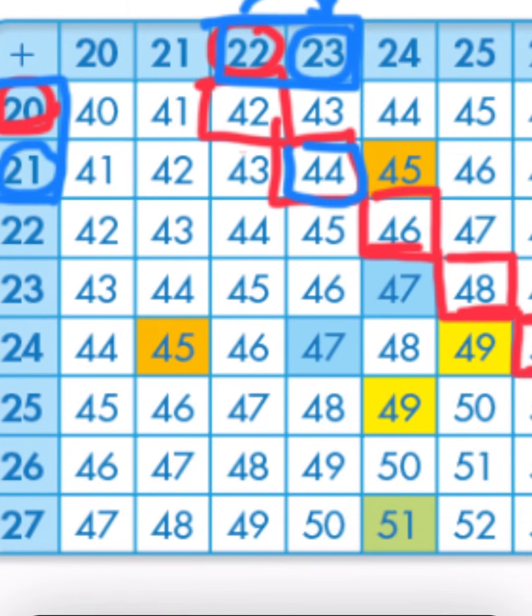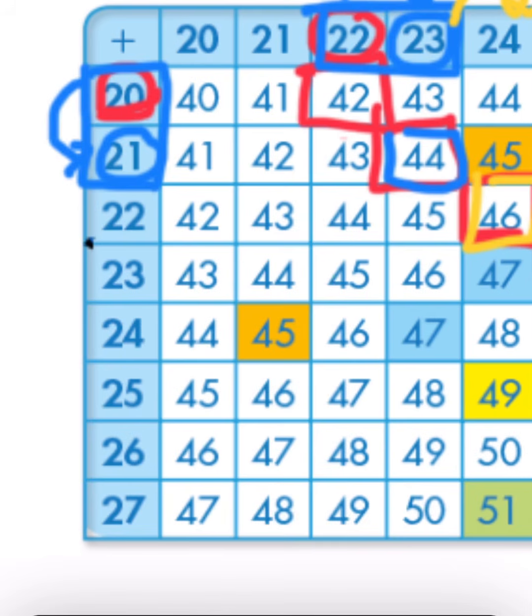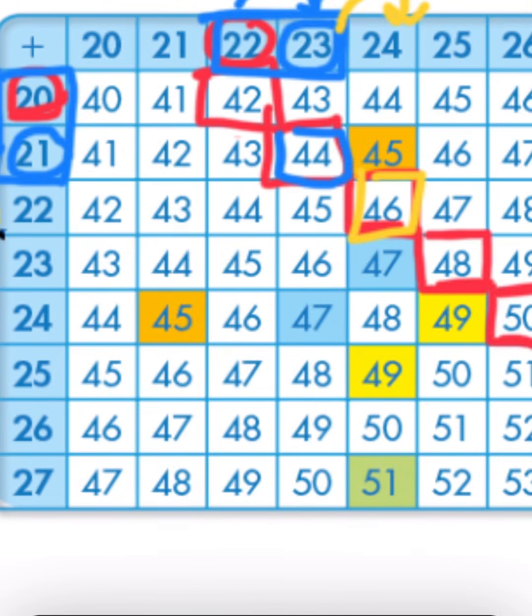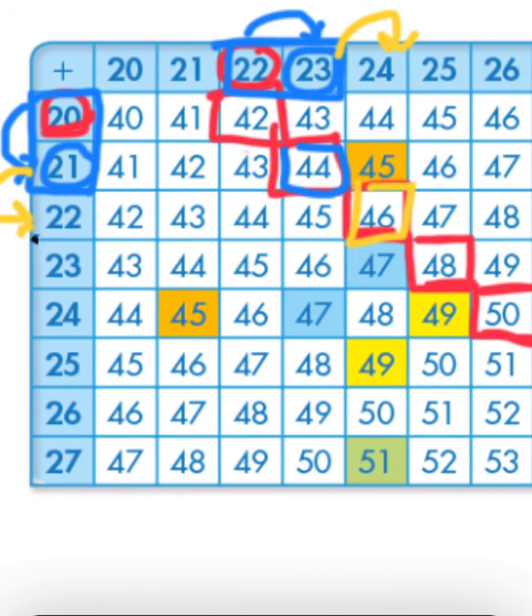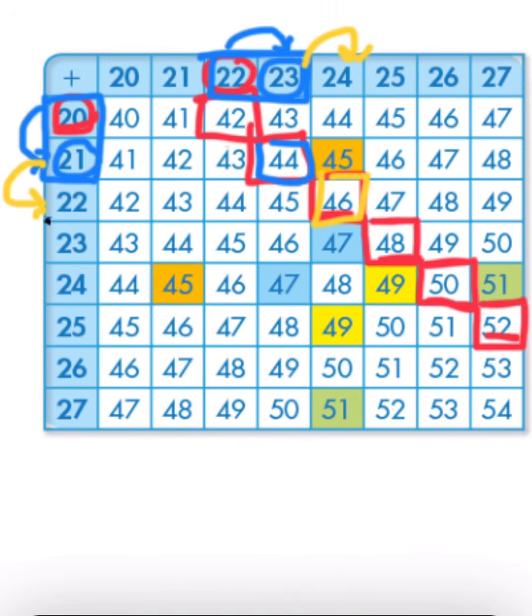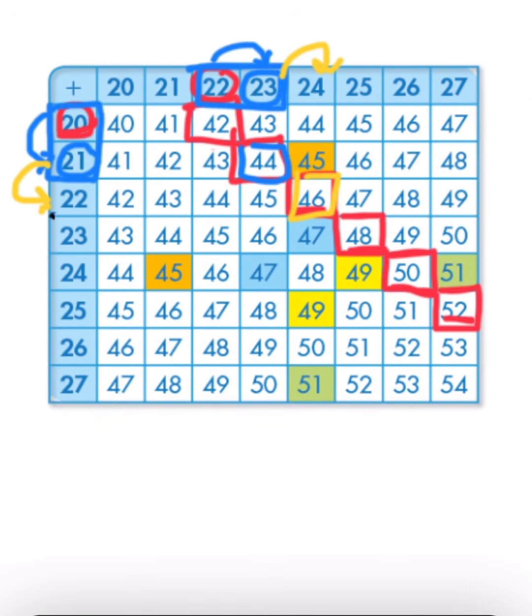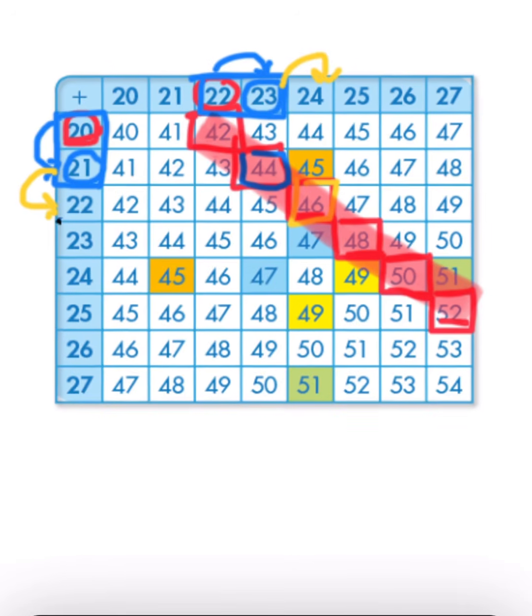If we do that again, if we look at 46, my addend became 24, so I increased by 1. But this addend went from 21 to 22, I've increased by 1 again, so now I've gone up by a total of 2. So that's why if we look at that diagonal, they increase by 2 every time because each addend goes up by 1. And we have 2 addends, each one goes up by 1. That means we've gone up by a total of 2.